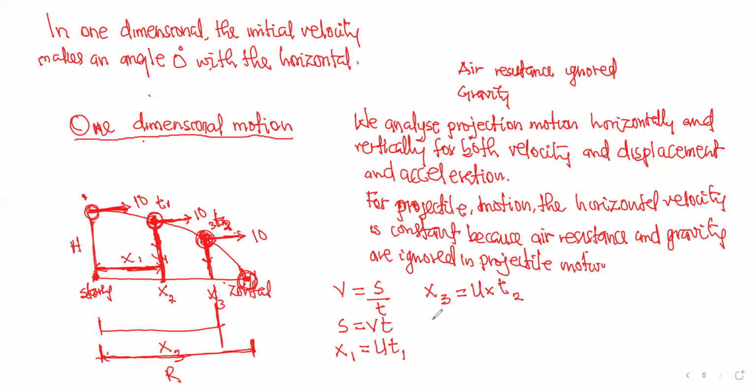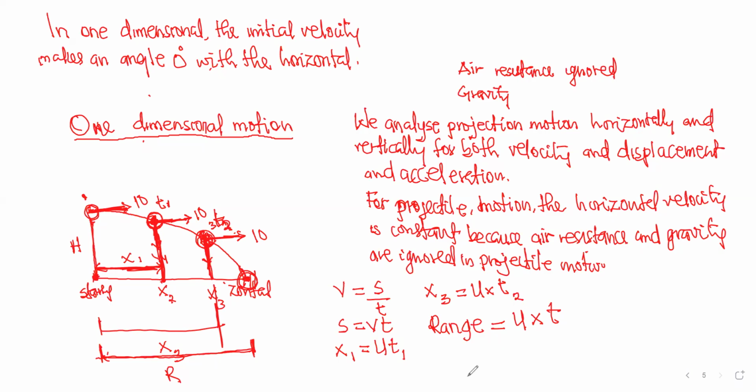So the range of the projectile is the total horizontal distance traveled. The range would be equal to the constant horizontal velocity times the total time taken, which is also known as the time of flight, T.